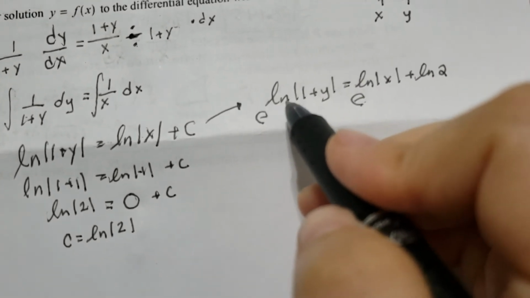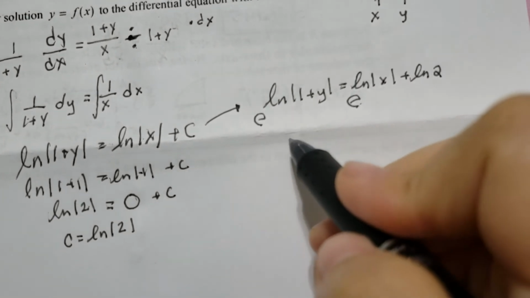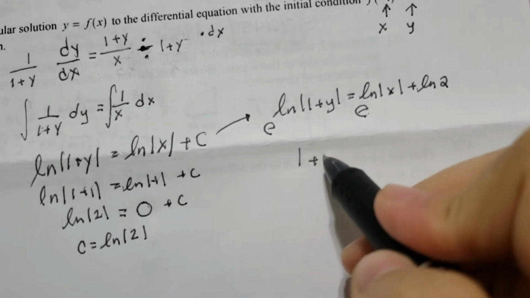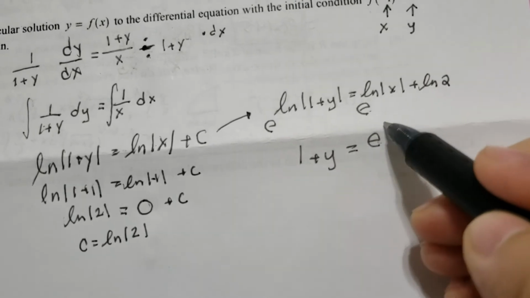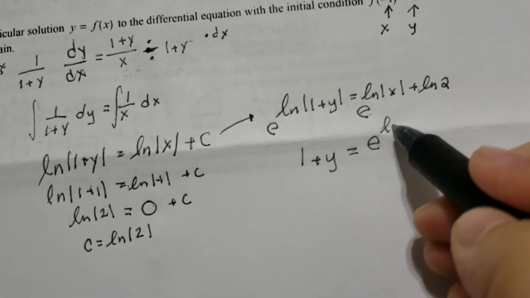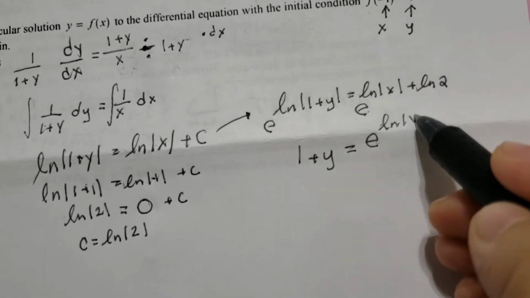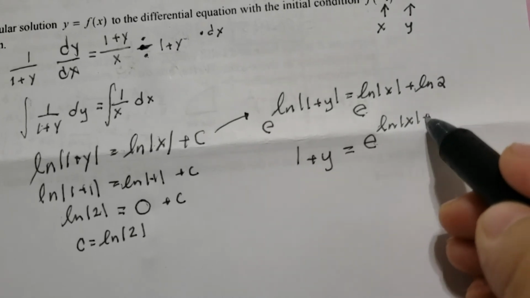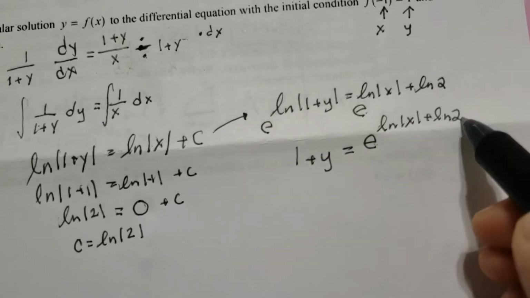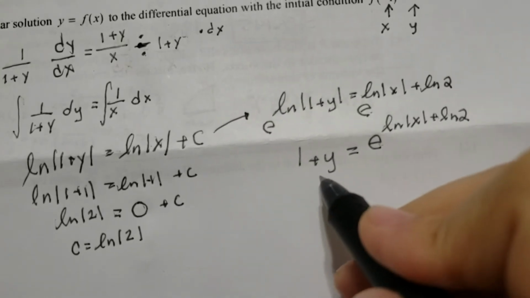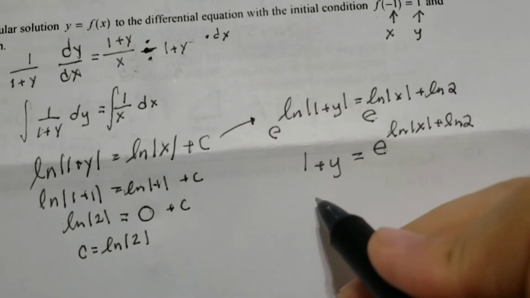So this will break off this natural log and leave 1 plus y equals, and I said I was going to keep everything, so I'm literally just going to write everything down. Okay, and all I have to do to solve for y is subtract that 1.